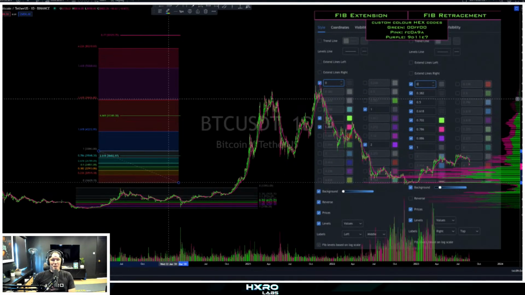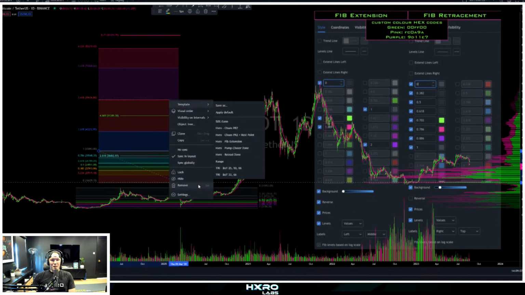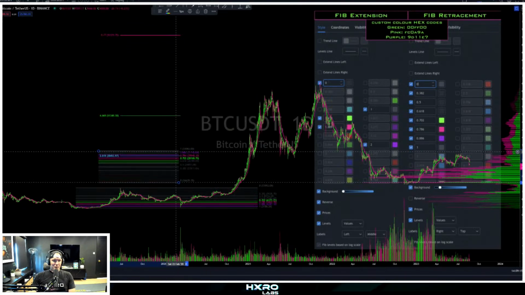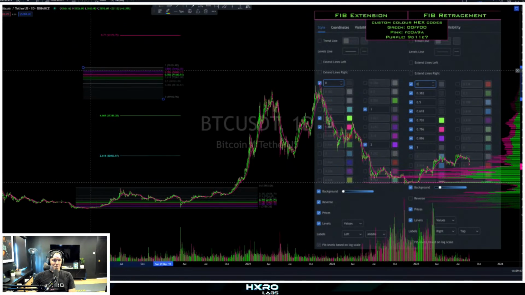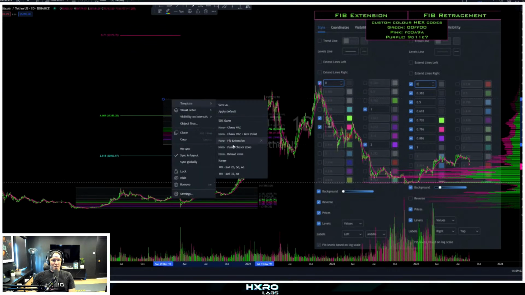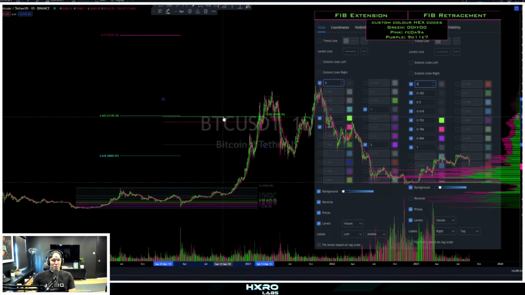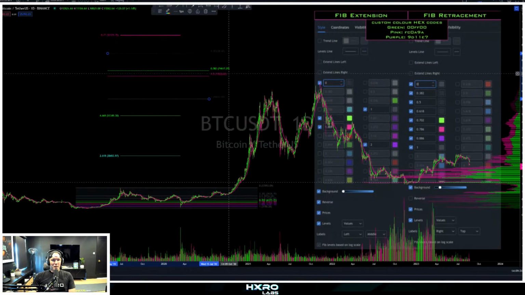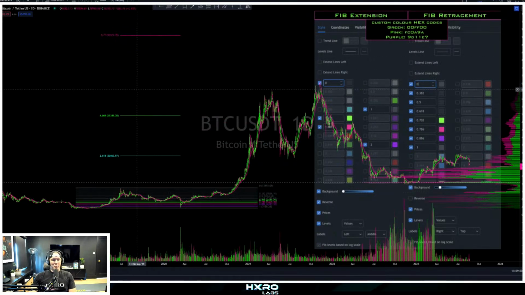And the nice thing about TradingView is once you do create the exact settings on fib that you want, you can just save as. And so you see here, I've got a bunch of different templates saved. There's my reload zone, which can be drawn in either direction. Then I've got the pump chaser zone, which just has the 0.382 and 0.5. And then right here, I've got the Chaos PRZ.